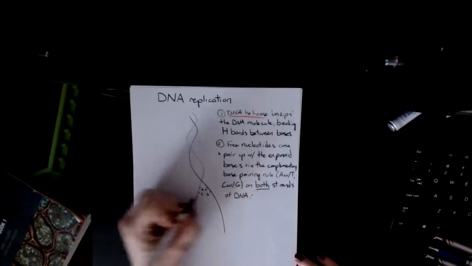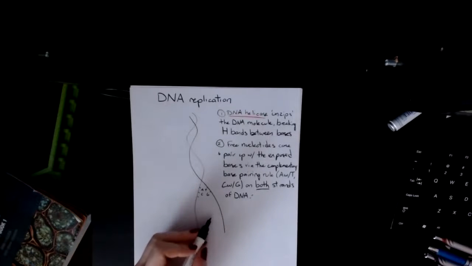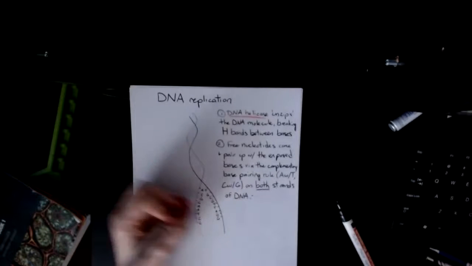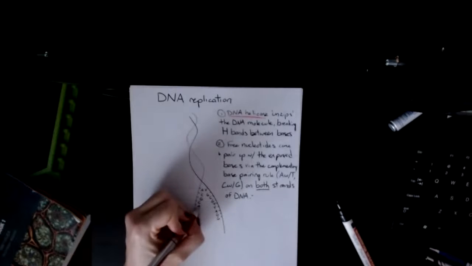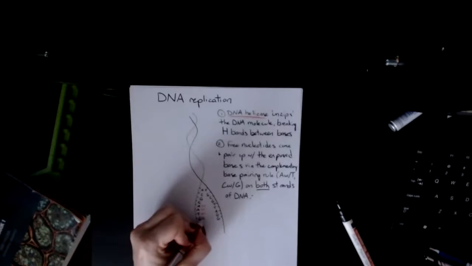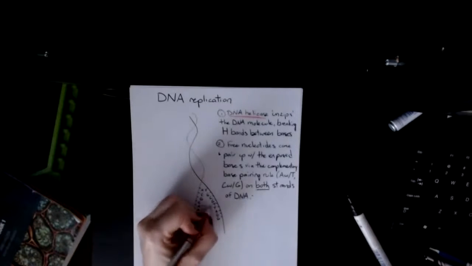Okay, and I'm going to pause it and try to draw some out here so that you don't have to watch them. Okay, so I've got a few more bases here written down, and the idea is that the free nucleotides that come in are going to come in on both sides. So for example, here you would have a nucleotide with a T, here another T, here you'd have one with an A, and here you would have one with a G. And on the other side, the same thing.